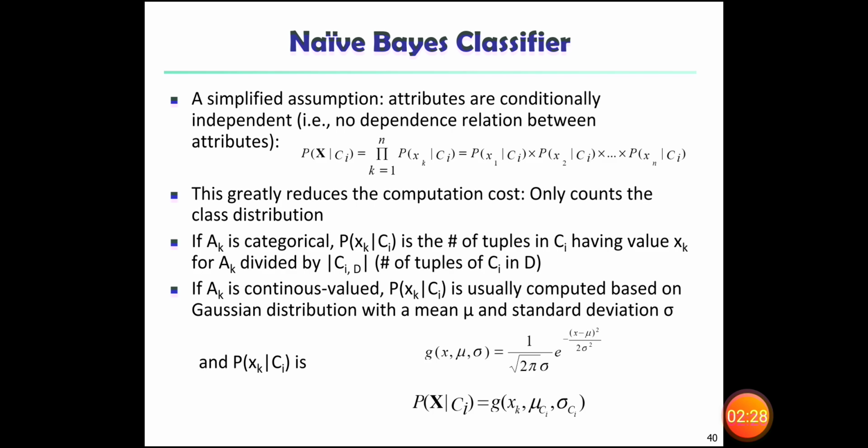And P of xk given Ci is defined as g of xk, mu Ci, sigma Ci.